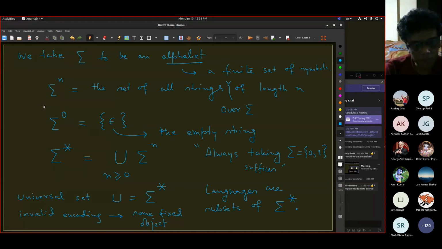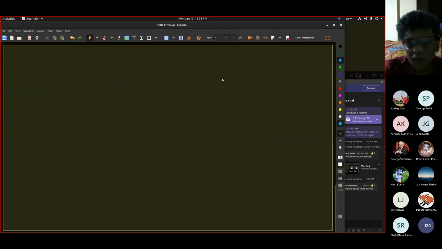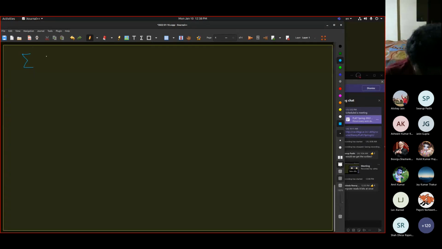Fine. Henceforth, I will pick some sigma, which can be 0, 1, but it can be other things also. And we now have the liability to represent subsets of sigma star, the languages.